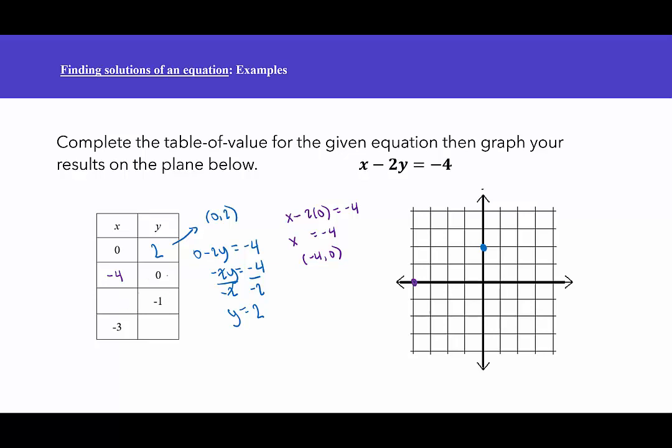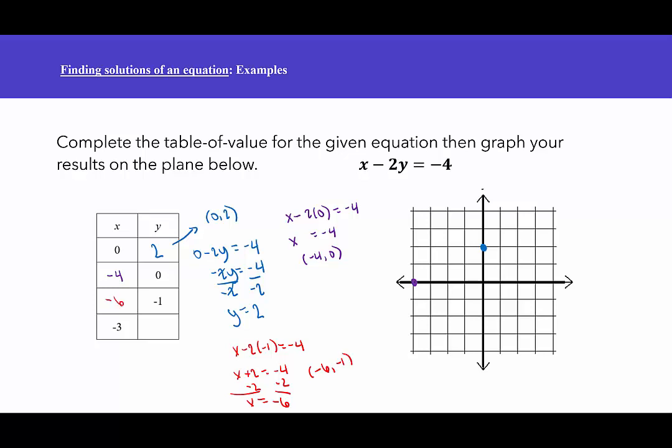Then the third one says plug in negative 1 for y. So that's the next thing I want to do. I'm going to say x minus 2 times negative 1 equals negative 4. Negative 2 times negative 1 is positive 2. And now to get x by itself, I'll take away 2 from both sides. So I get x equals negative 6. So x is negative 6 for the y that I plugged in, negative 1.